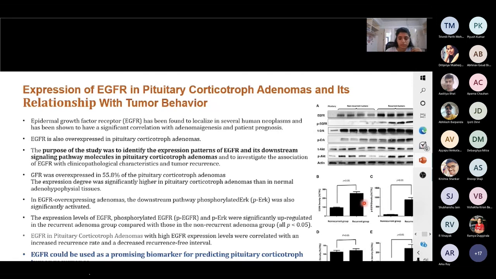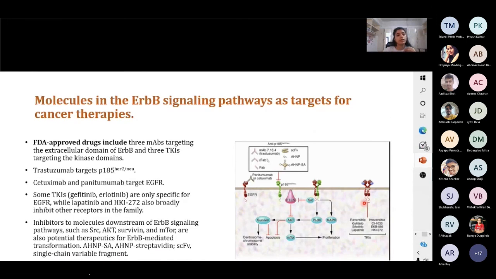Another potential use was that various molecules like ERBB TKIs, trastuzumab, cetuximab, and certain TKIs like erlotinib, which is specific for EGFR, have been broadly used and inhibit other receptors in the family.